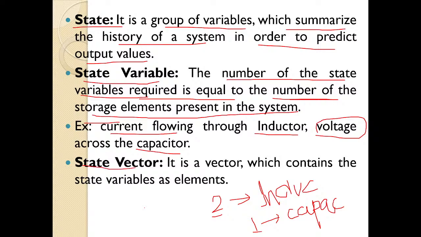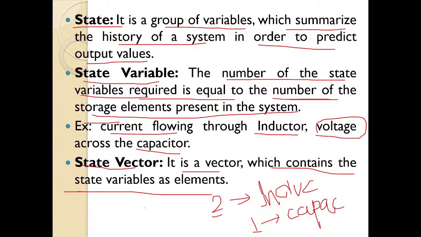Now let us see the state vector. The state vector is a vector which contains the state variables as elements. Whichever vector contains these state variables, currents or voltages, which are due to the storage elements in the circuit, that vector is known as the state vector.